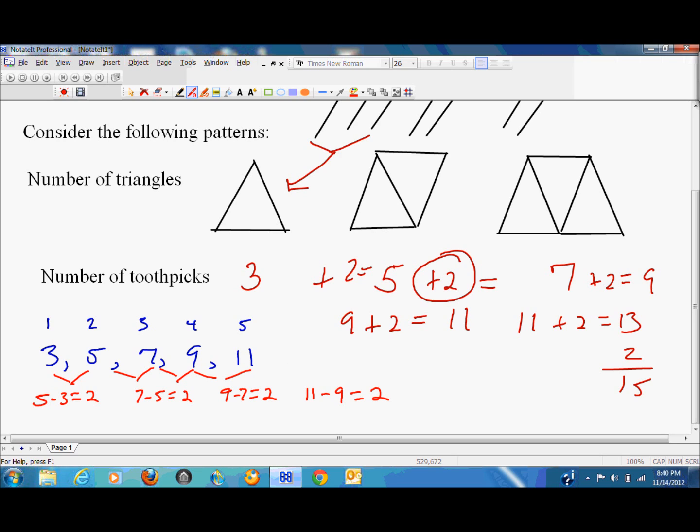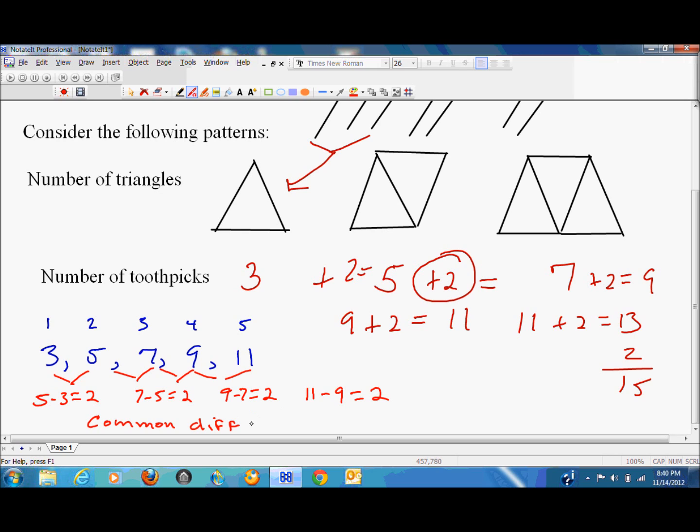So since we have 2 for each one of these particular terms, we have a common difference. We call it a difference because we are subtracting the first term from the second term, the second term from the third term, the third term from the fourth, and the fourth from the fifth, and so on. It wouldn't be a common sum because we would have to be adding.